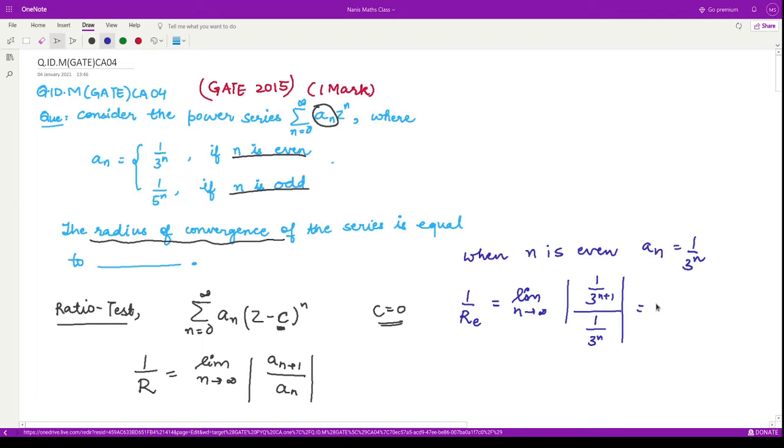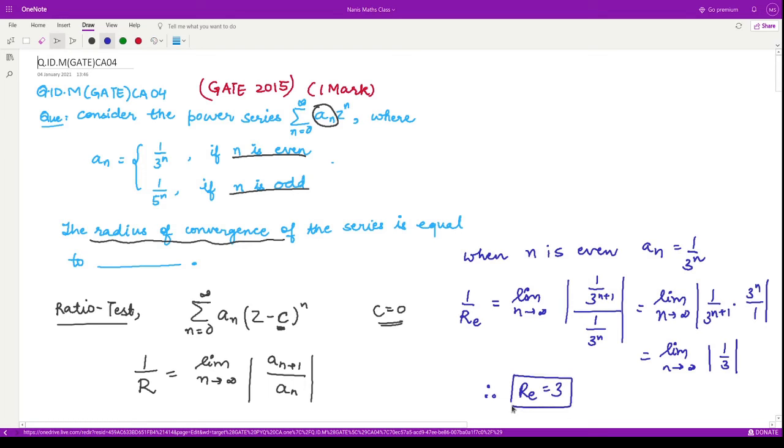Simplifying this a little, we take the reciprocal of the term. So you have limit n goes to infinity modulus of 1/3, because the powers n of 3 get cancelled with each other. So we are only left with 1/3, and from here we get r_e is equal to 3.